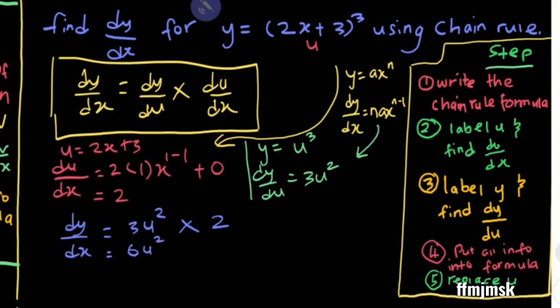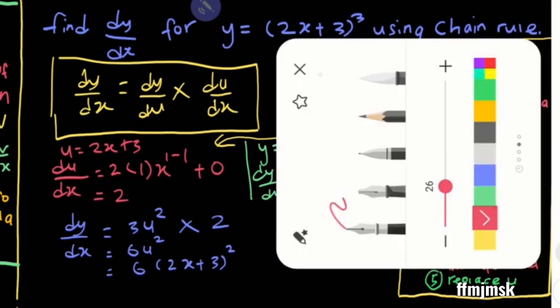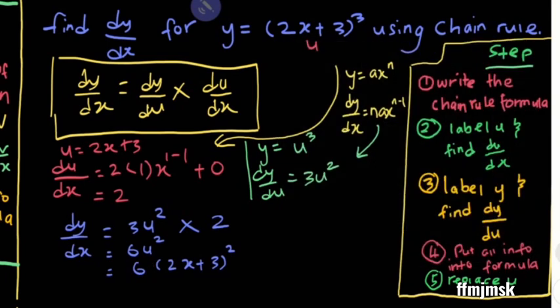Now the final step is replace the u with the equation u equal to 2x plus 3. So 6u power of 2 becomes 6 times 2x plus 3 power of 2. That will be the final answer for this question. You just replace the u with the actual equation.